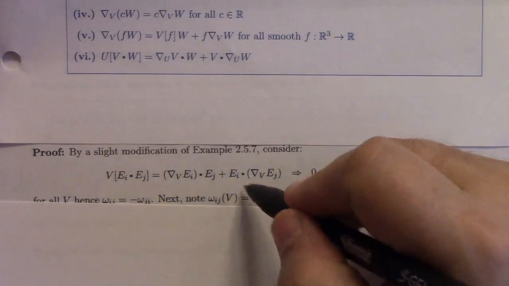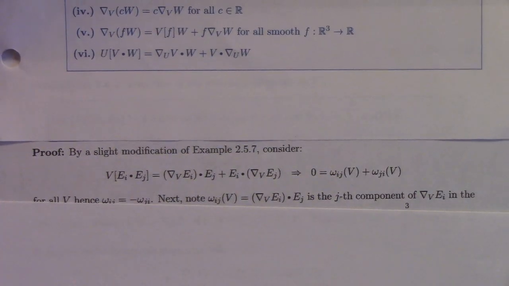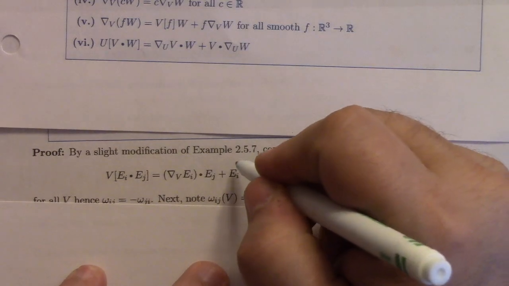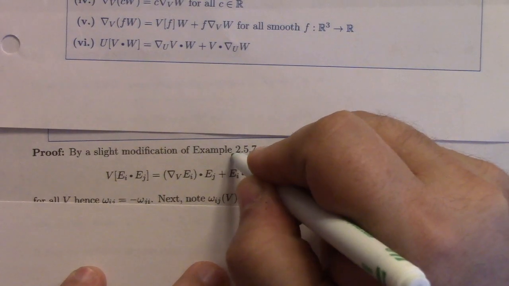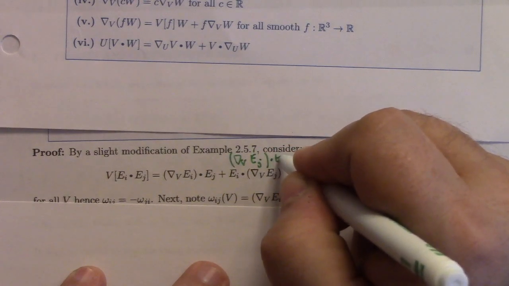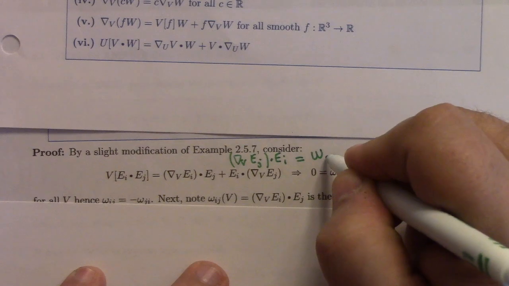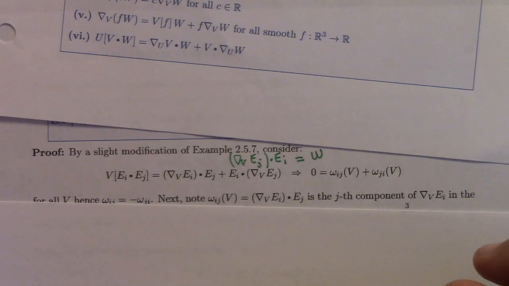To see that directly, we're using the commutativity of the dot product, which says that this is del_v e_j dot e_i, and that by definition is omega. Oh, I've lost my definition sheet. Where'd you go? My papers are all out of order. Ah, here it is.